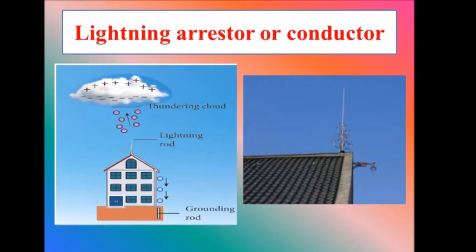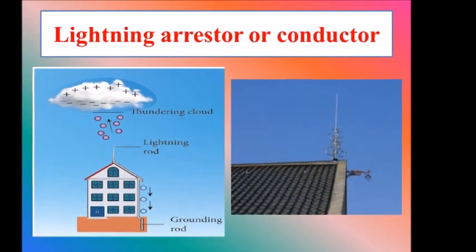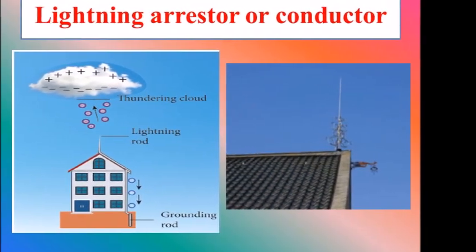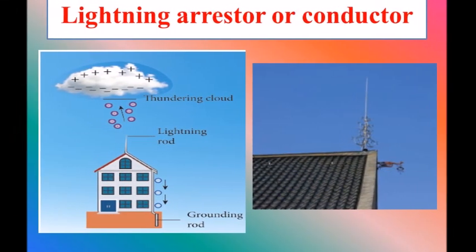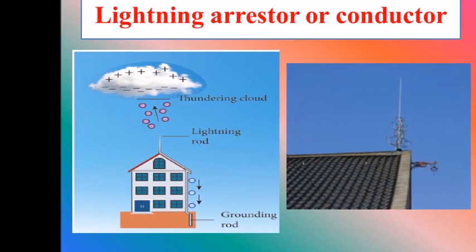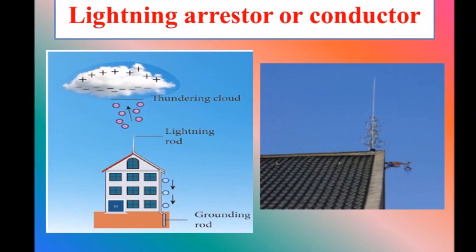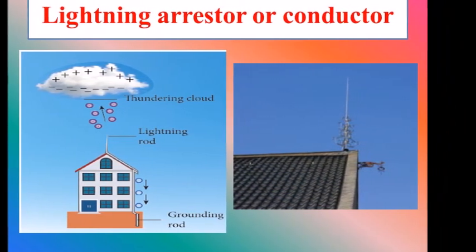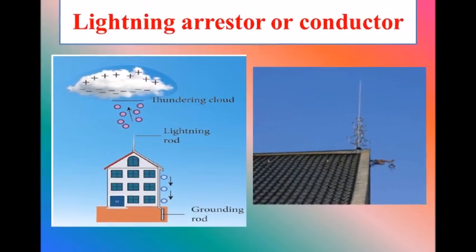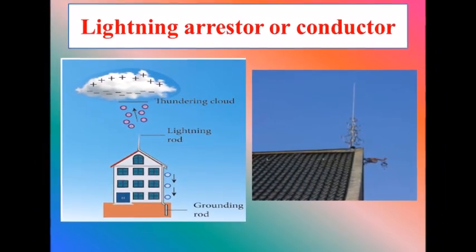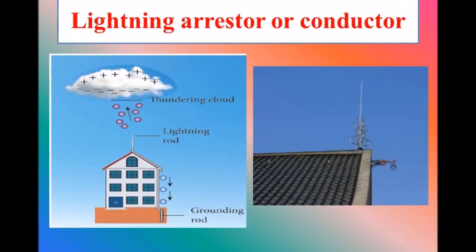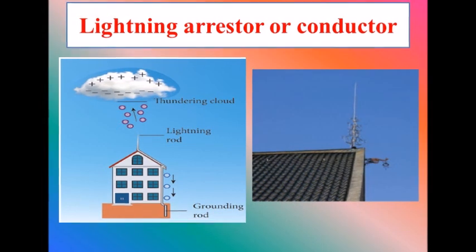This positive charge ionizes the surrounding air, which in turn neutralizes the negative charge in the cloud. The negative charge pushed to the spike passes through the copper rod and is safely diverted to the earth. The lightning arrestor does not stop the lightning, rather it diverts the lightning to the ground safely.